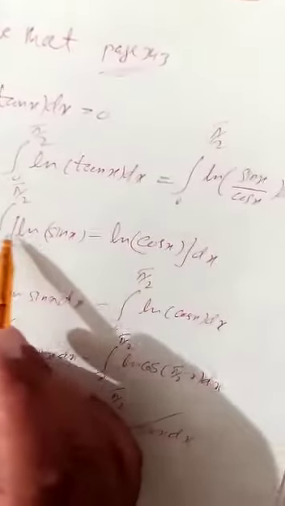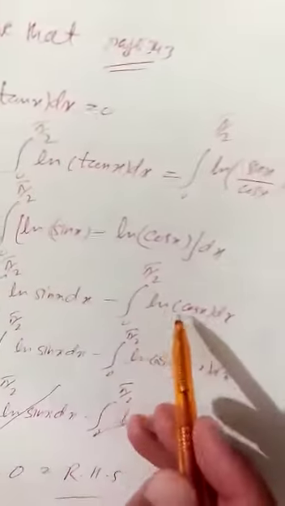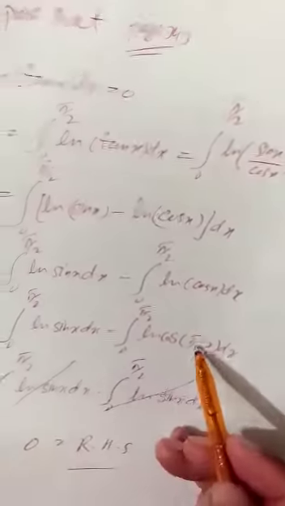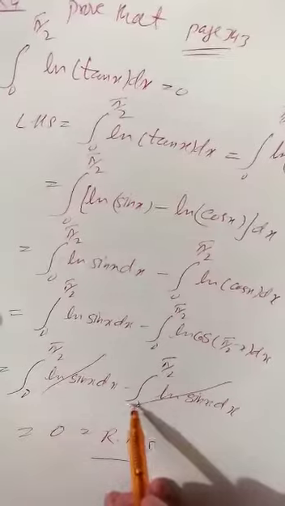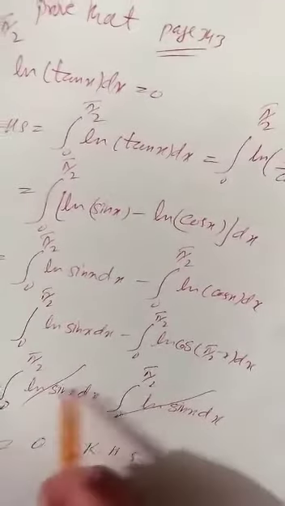This is because integration is linear, so we apply it to the first function minus the second function. Now using the property in the second integral, natural log of cos x with x replaced by pi by 2 minus x, evaluating this is equal to the integral from 0 to pi by 2 of natural log of sin x, cancelling, and we get the required answer, which is 0.